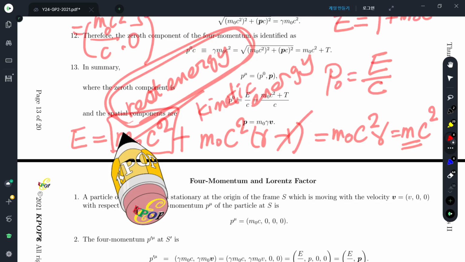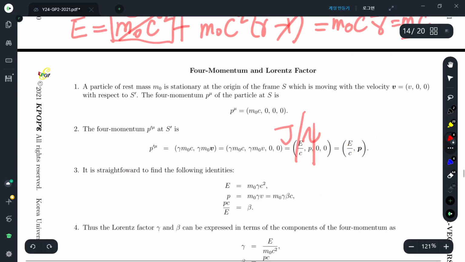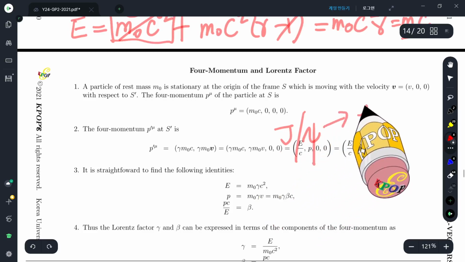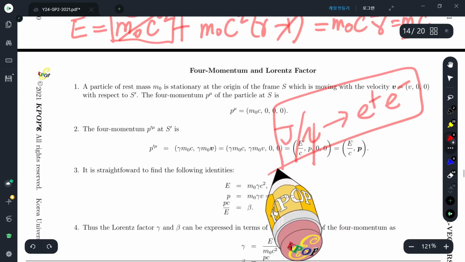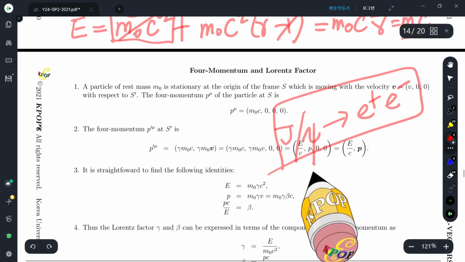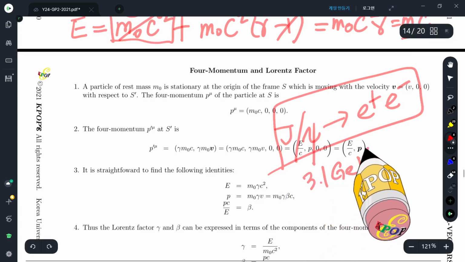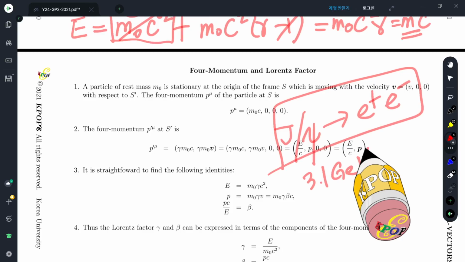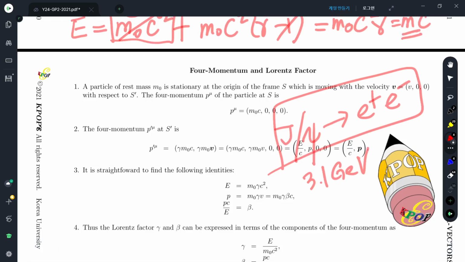In the questions of this chapter, you will find that J/psi, which is the bound state of charm and anti-charm, decays into an electron and positron pair. J/psi was discovered in 1974, and this massive particle is 3.1 GeV on the energy scale, and it decays into a pair of 0.5 MeV particles, very light particles.